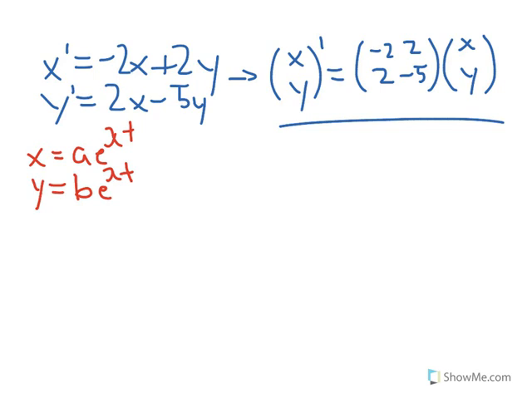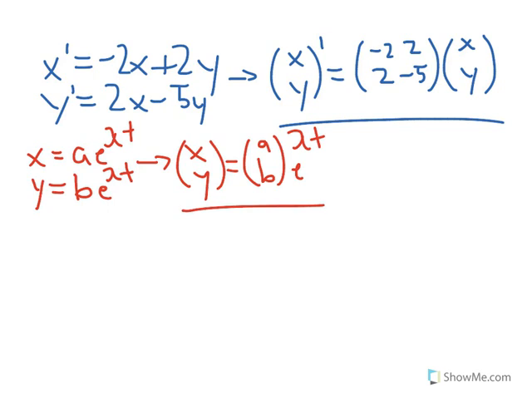Now how will we begin to solve this? Well, we can rewrite our assumed solutions in matrix form as well to make it more clear. So the vector (x, y) equals the vector (a, b) multiplied by e to the lambda t. Now you've probably suspected this already, but we can actually plug this expected solution into the matrix form of our differential equation.